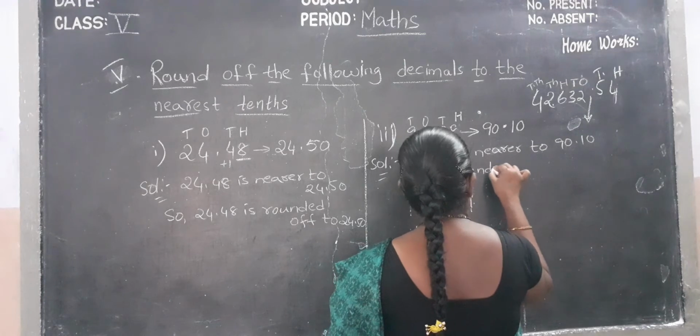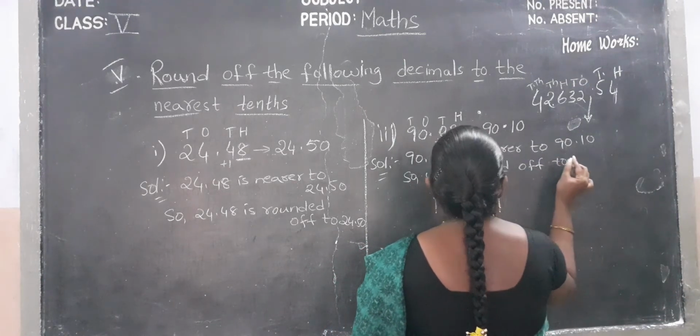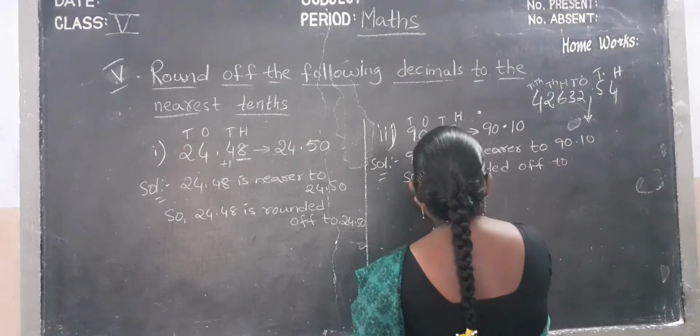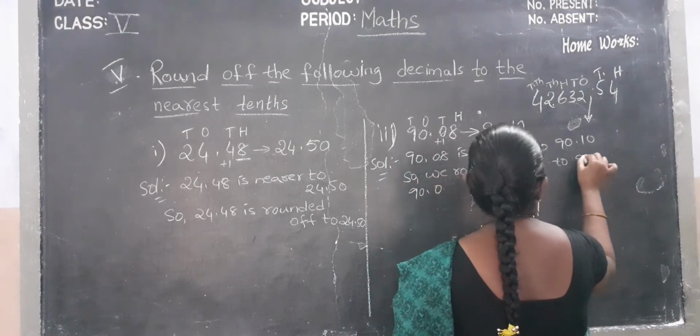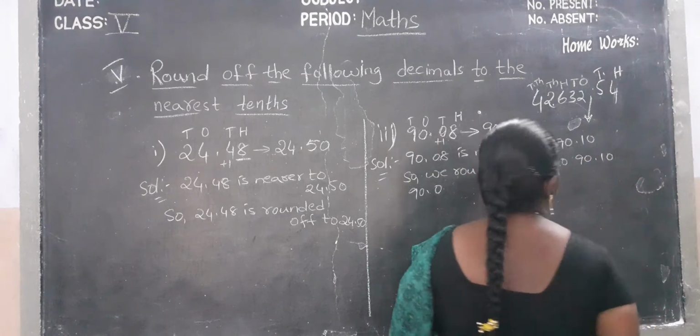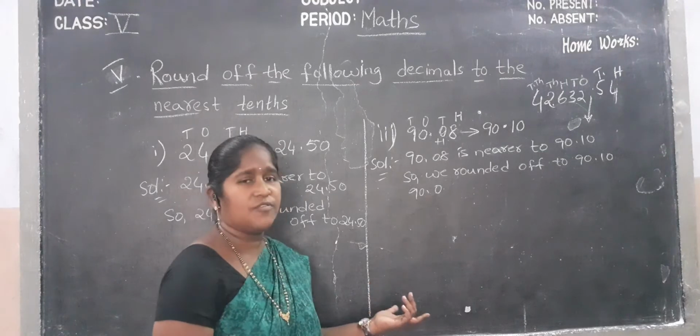So 90.08 is rounded off to 90.10. Okay children, this is today's class, children. Copy these sums in your notebook, children.